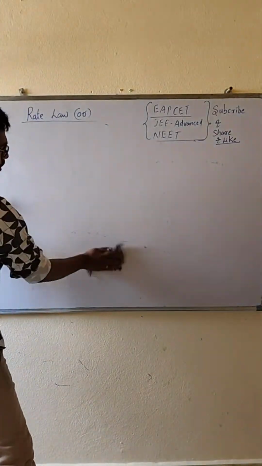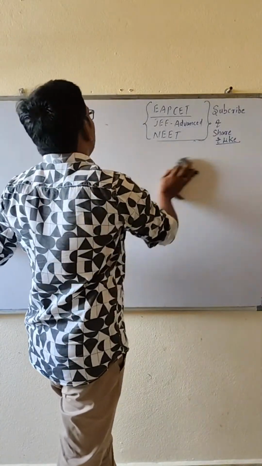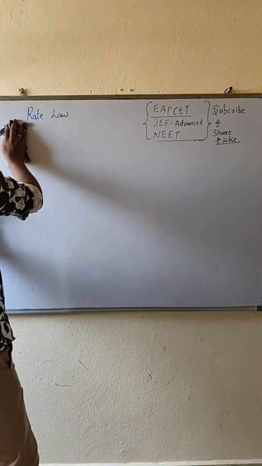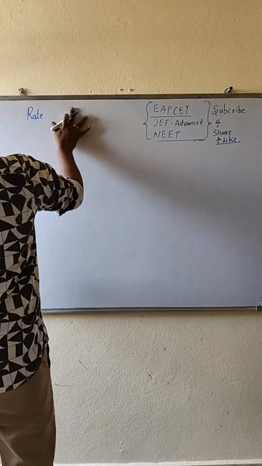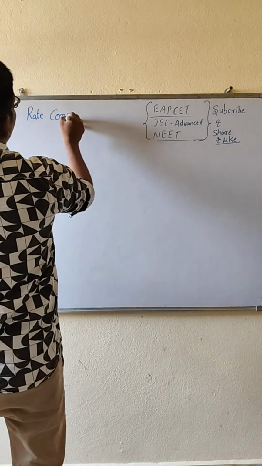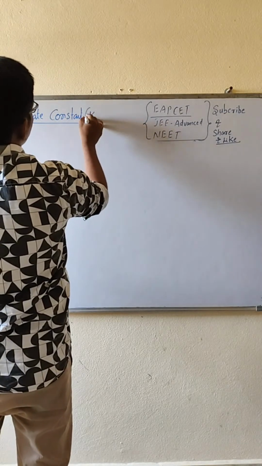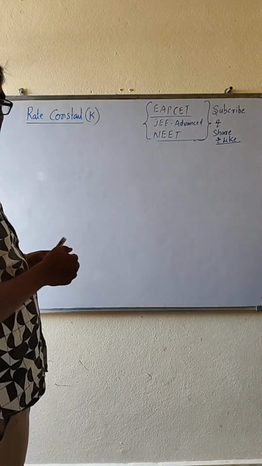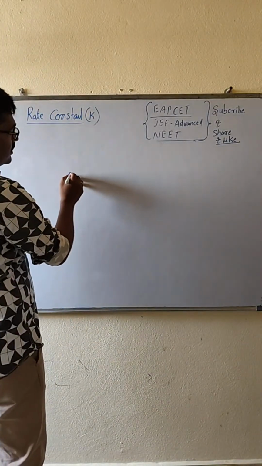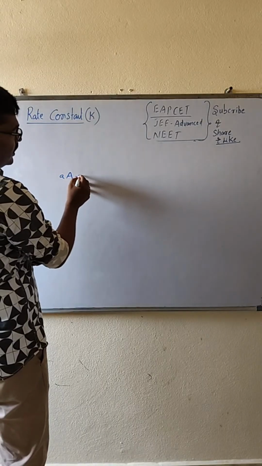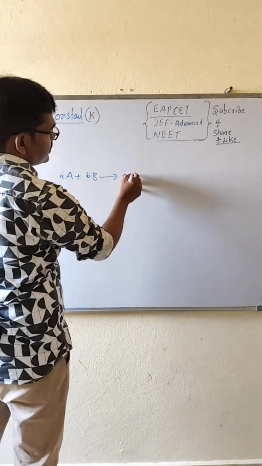Before explaining more about the rate law, next we have to discuss the rate constant. What is the rate constant? Rate constant k. Before defining the rate constant, what equation am I taking? A power a, then b, gives rise to products.